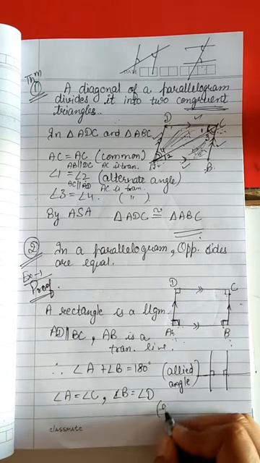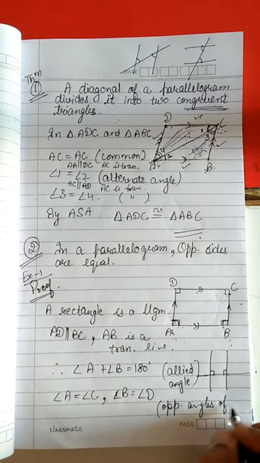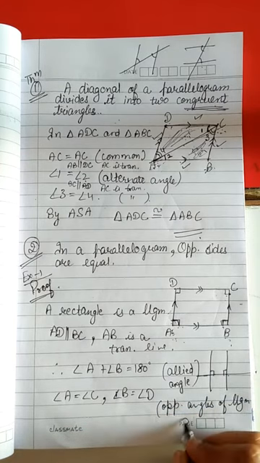So we write here that opposite angles of a parallelogram are equal.